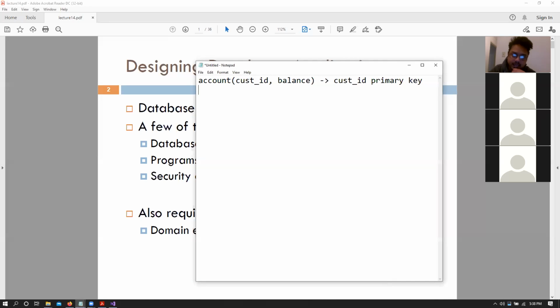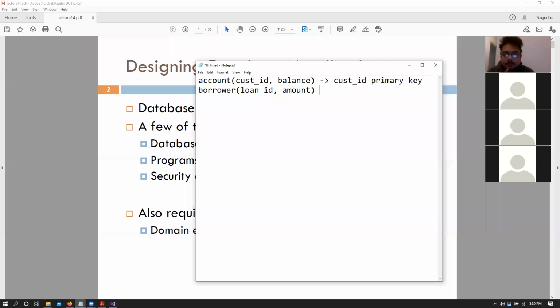And let's have a borrower table that has a loan ID and an amount borrowed. Let's say that we currently have this particular design.